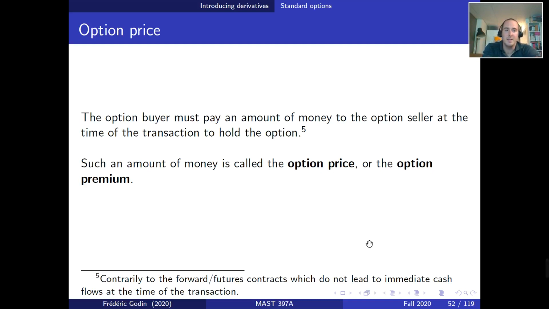For an option, it's different. If you purchase an option, you have to pay the premium to the option seller. Okay, so the option seller receives the premium. So when you enter into an option contract at the inception date, there's an immediate cash flow associated to that transaction.